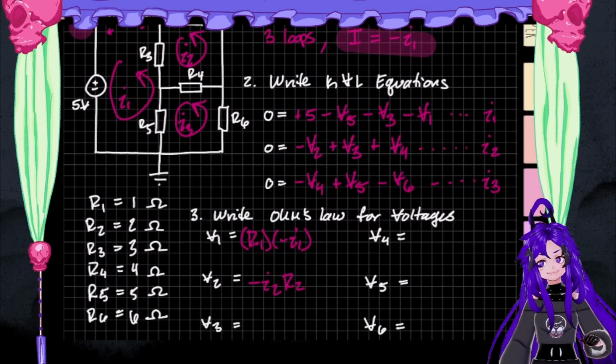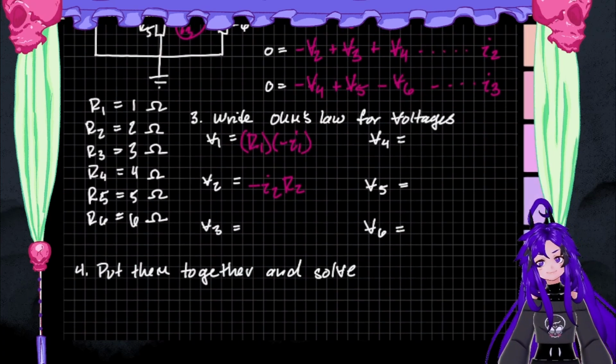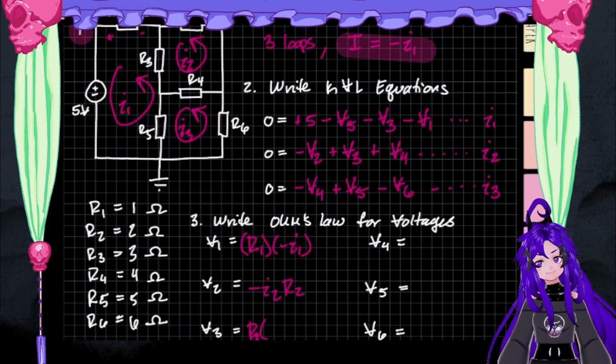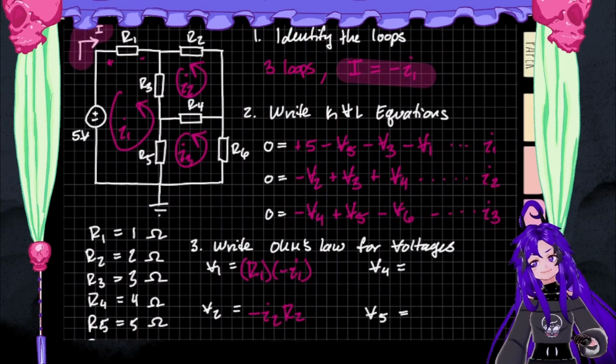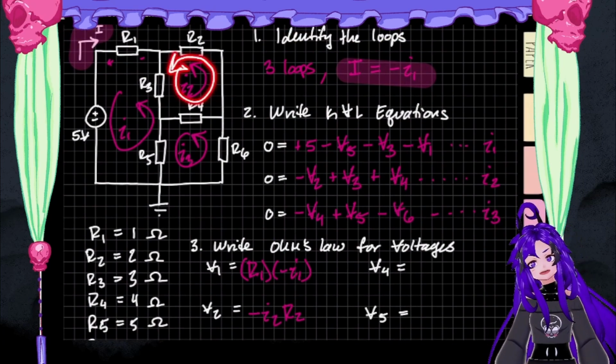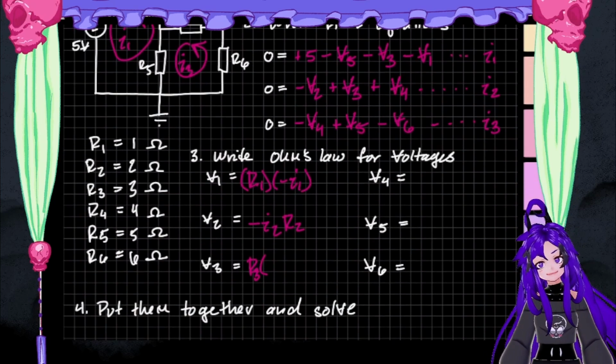So we're going to say R3 times, and then we're going to figure out which of these currents hits in the positive direction. So I2, if we follow its direction, it hits the positive terminal, so we're going to write I2.